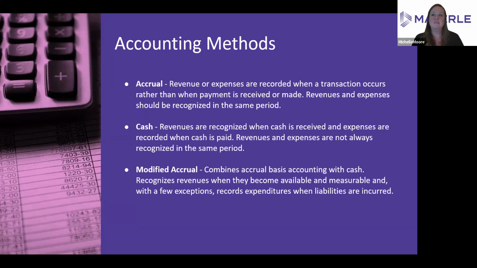The expenses you're seeing on the P&L are not necessarily what you paid out. Cash tends to be easier to look at because you really know what was brought in and what was paid out. But with both methods, you're going to have supplemental reports that help you understand the position of the association at that time.